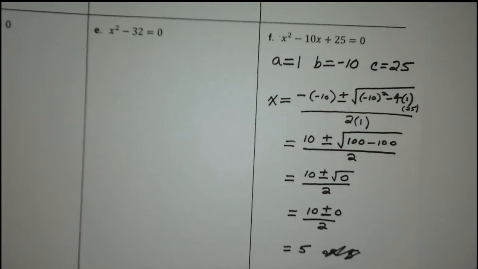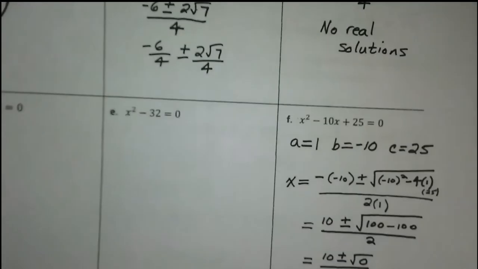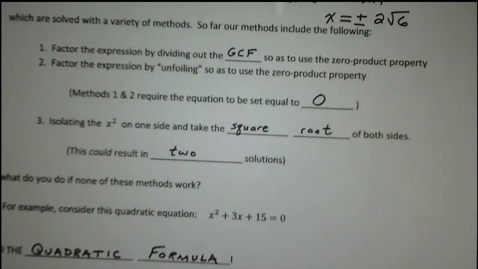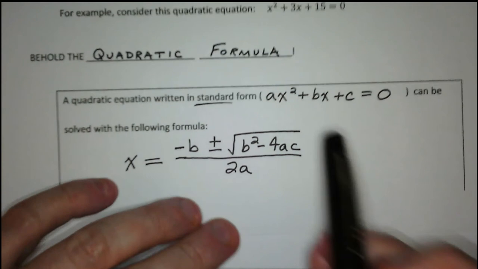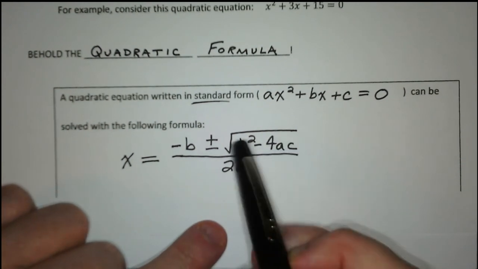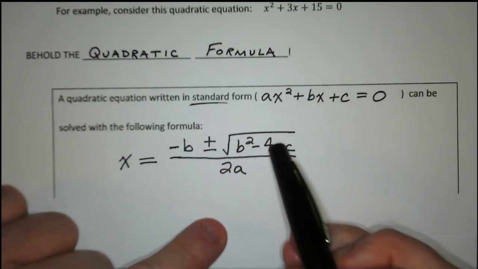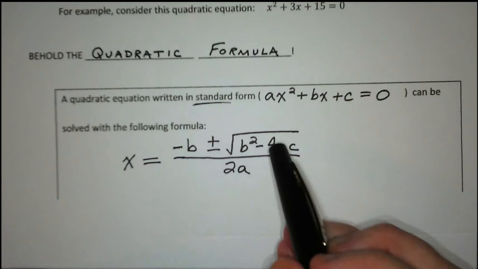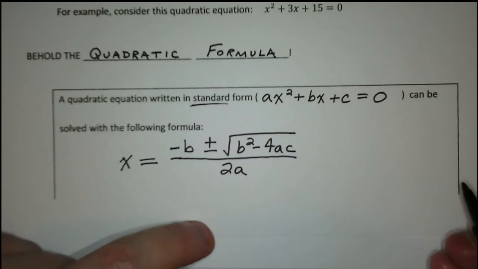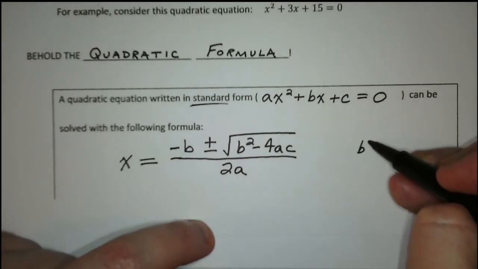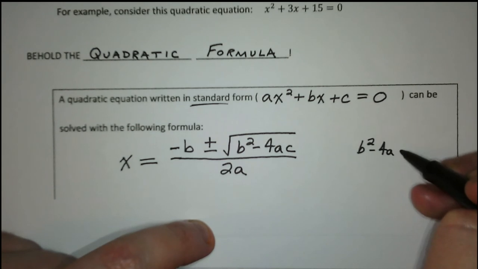So here's something really important to understand. Here's what we've noticed so far in these 4 examples. Ready? Underneath this square root is a very important part of the formula, this b squared minus 4ac.